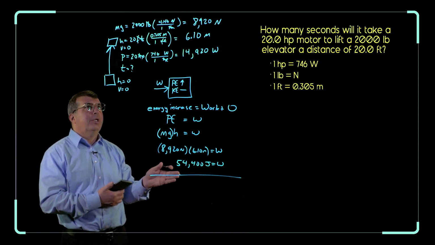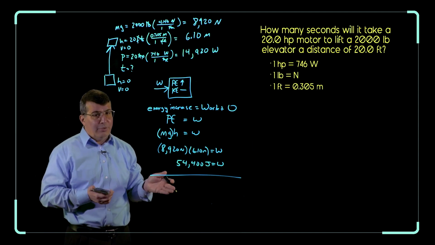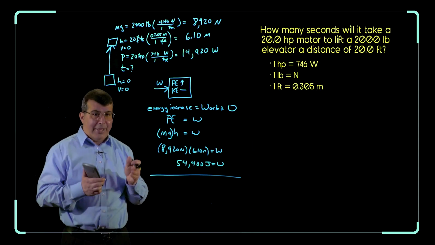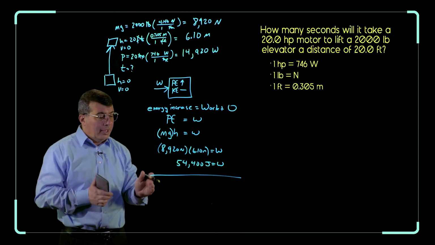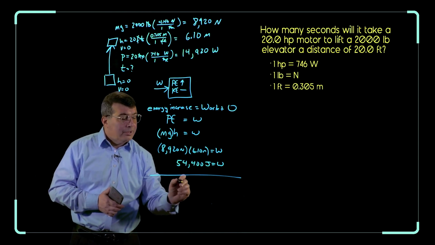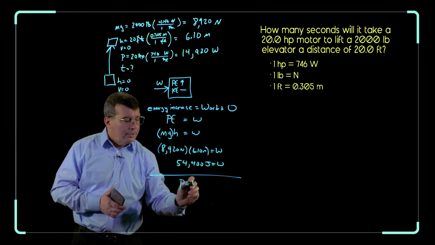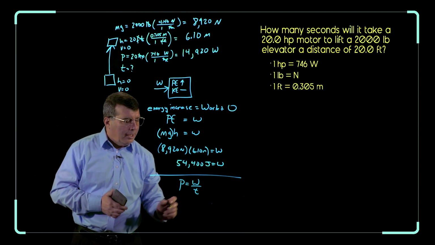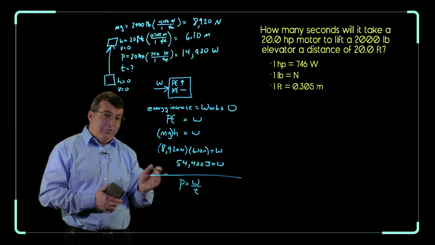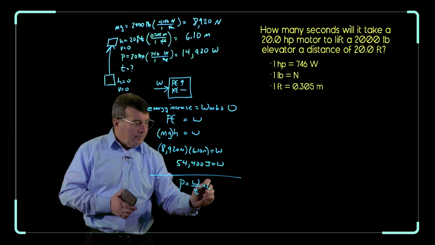That almost gets us to our answer. That's the work. We want to know the time. Well, whenever you're dealing with energy and you want to know time, that's power. That's the only time that we talk about time in the energy unit, when we're talking about power. So power is the work done over the time. Now I want to solve for time, so I need time in the numerator. So I'm going to multiply by time.